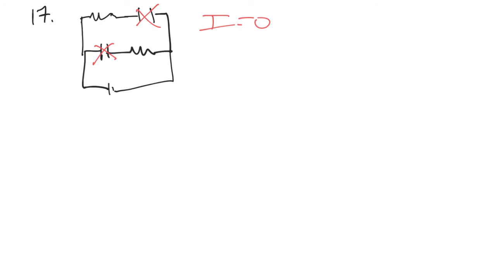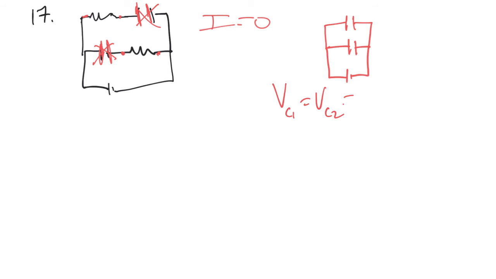So you can kind of redraw this, because if there's no current flowing, then there's no voltage drop across the resistors, right? So if there's no voltage drop across the resistors, then that means the full voltage drop is across the capacitor. So that's why we can just redraw it like that. So VC1 equals VC2 equals that full EMF. Okay?